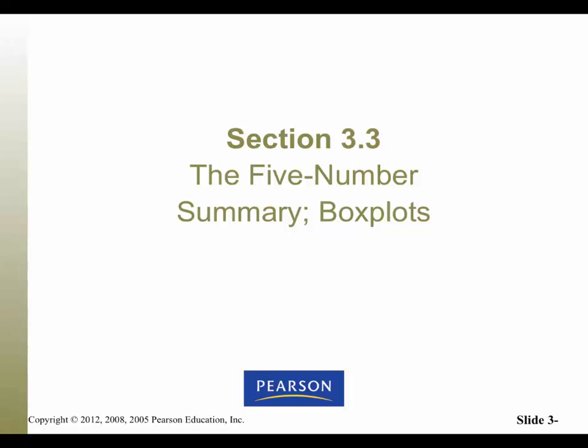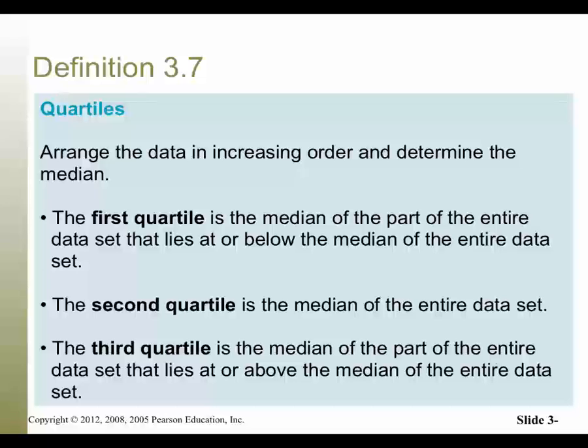So let's look at this. This is another way to get a feel for how spread out the data is, but this one's more based on the median rather than the mean. It's quartiles. We talked about the median being the middle value. So you take the upper half of the data above the median and find the median of that. That's called the first quartile.